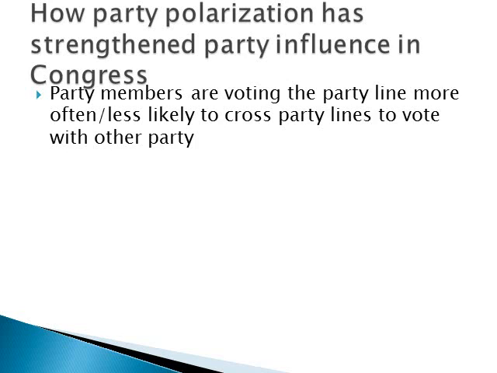Because you would look at this and think, duh, how has party polarization strengthened party influence in Congress? You'd be looking for some deep, meaningful answer and overlook just writing down, they vote with the party more. Because that just seems like an obvious thing that is understood and you wouldn't have to put down. But that's all you've got.